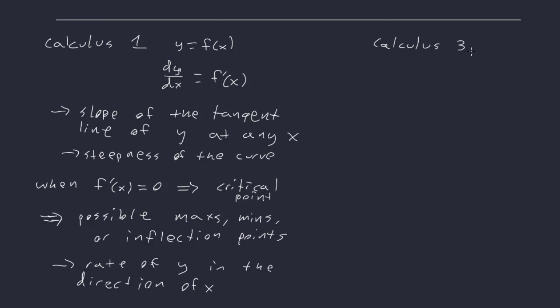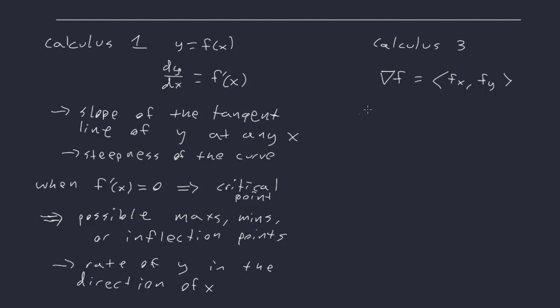It's actually the gradient. So it's the gradient of f, which is the vector made up of all the partial derivatives that we have, out to z if we have it, or w or whatever, however many we have. And this is what gives us all of this information. We're going to show how this all works as we go forward.